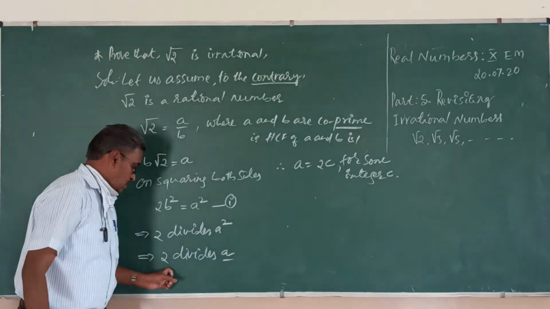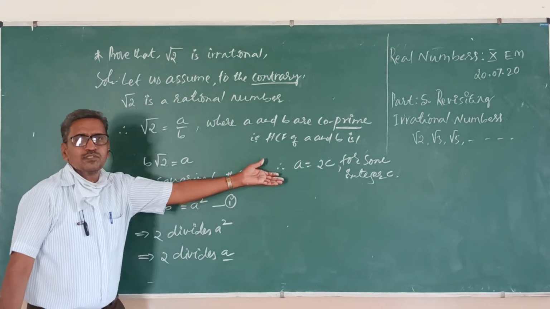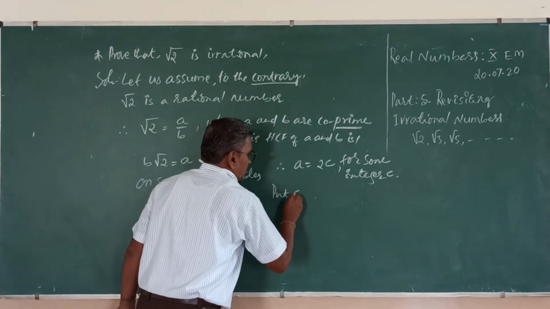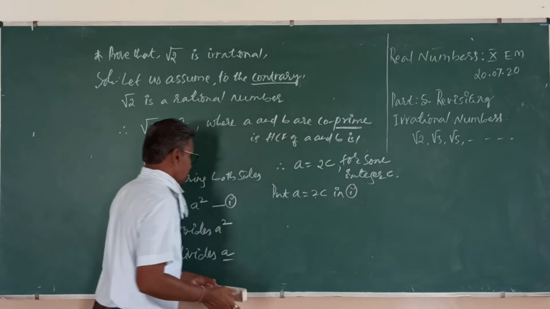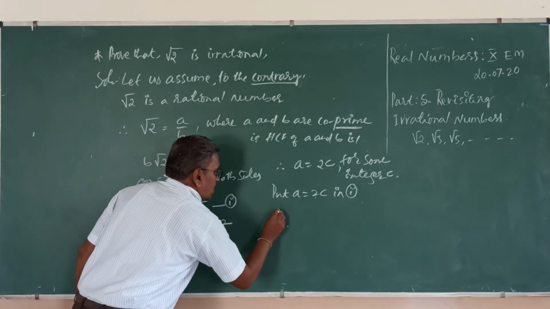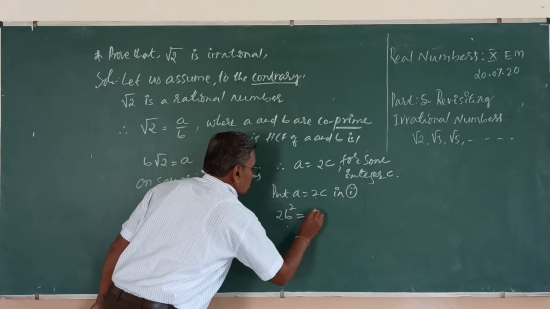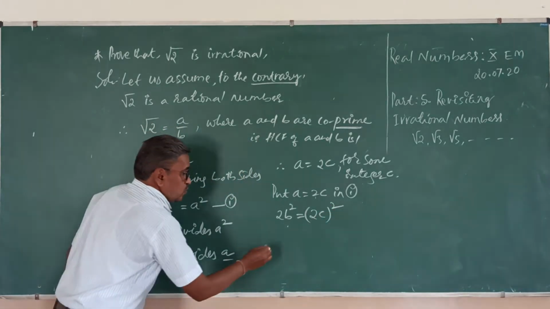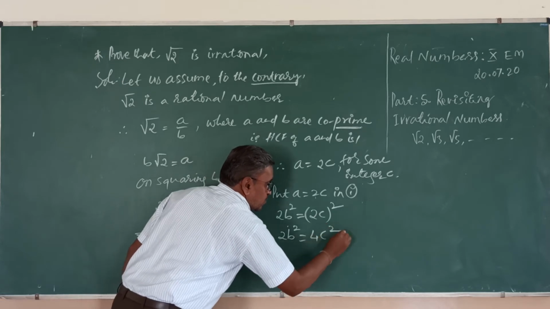So substitute a equal to 2c in equation 1. We get 2b square equal to (2c) square, so 2b square equal to 4c square.